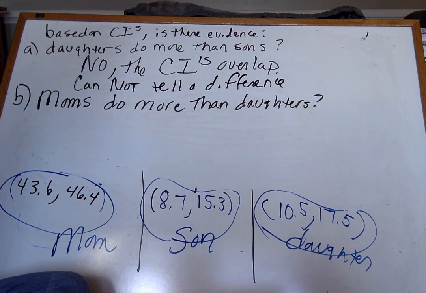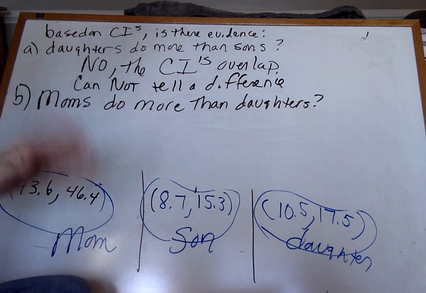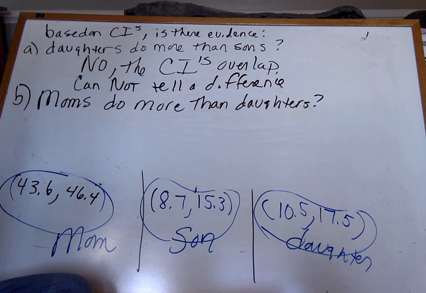Now let's talk about what you cannot say, period. You cannot simply say yes because the confidence intervals do not overlap. While that is a true statement, you're not telling me who's doing more housework. I'm going to come back and say, oh, did you mean that the daughters are doing more than the moms? So this is how you clearly have to answer it.